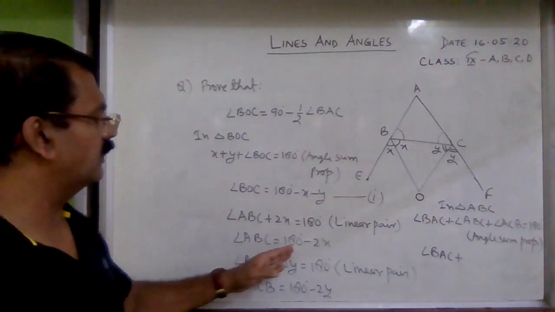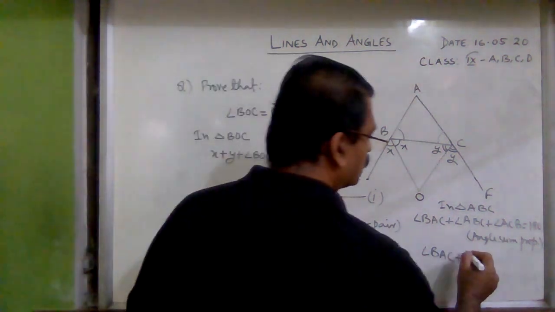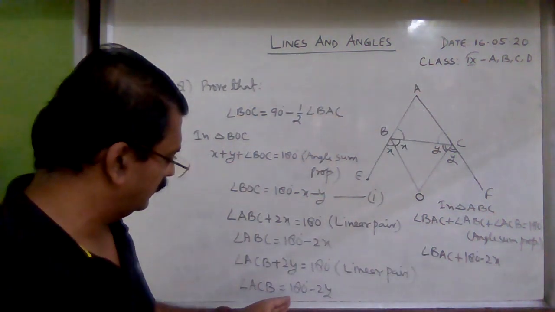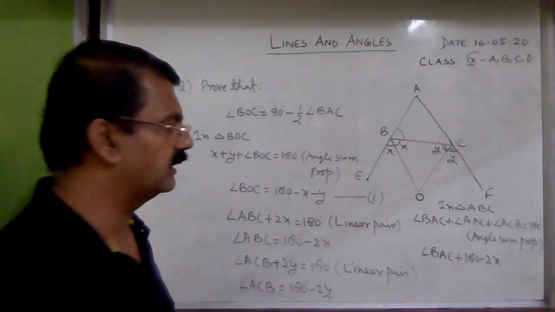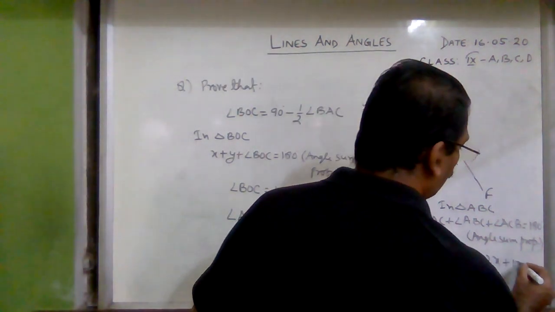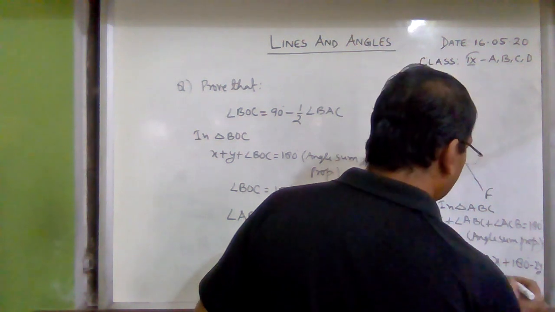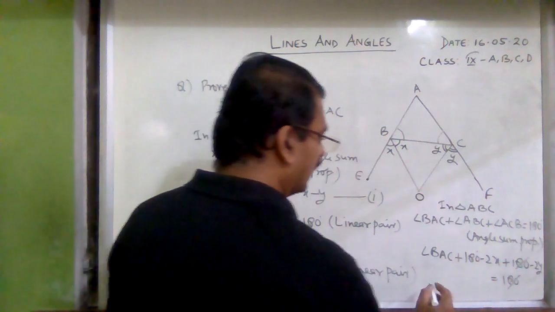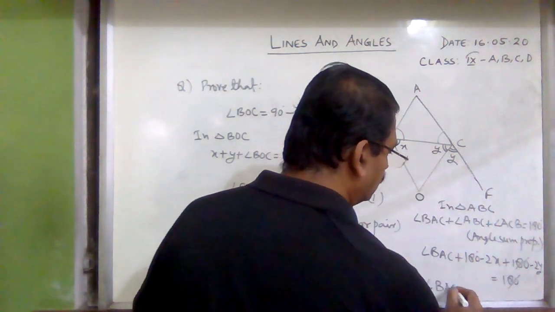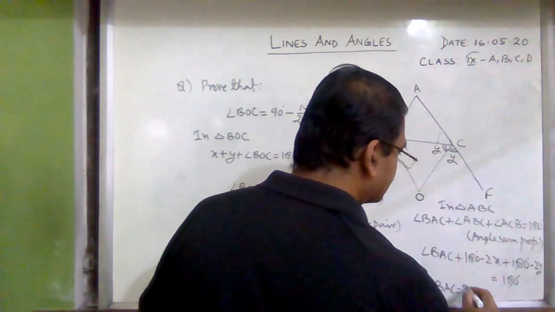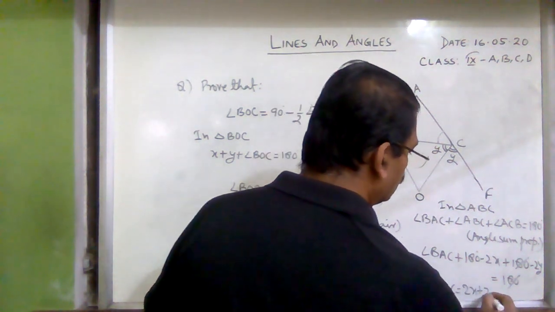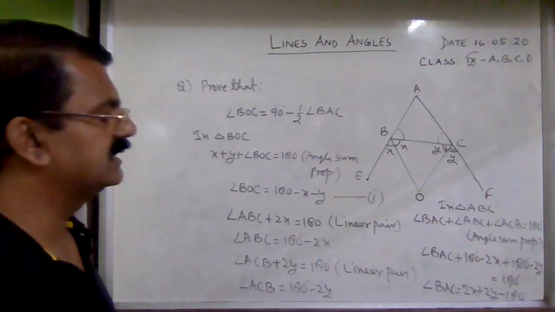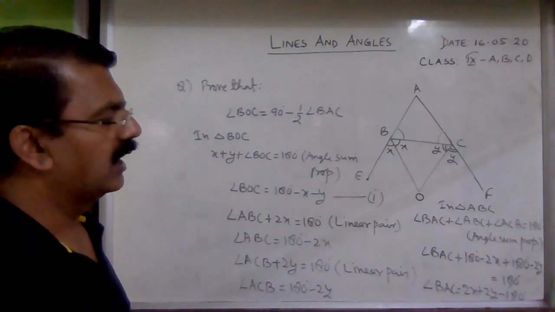ABC we have already calculated, that is 180 minus 2x, and angle ACB is 180 minus 2y. So plus 180 minus 2y is equal to 180. Now if you cancel this 180, angle BAC is equal to 2x plus 2y minus 180.